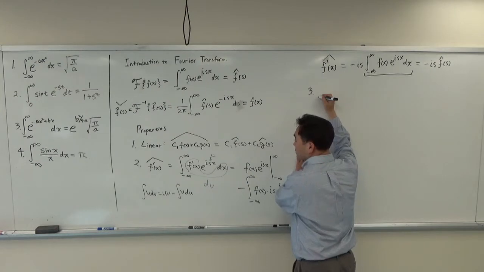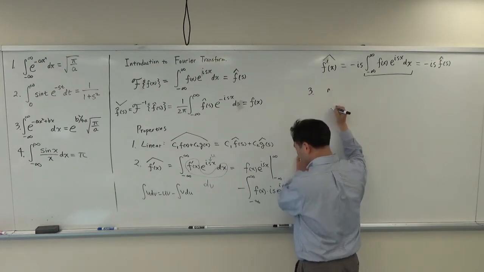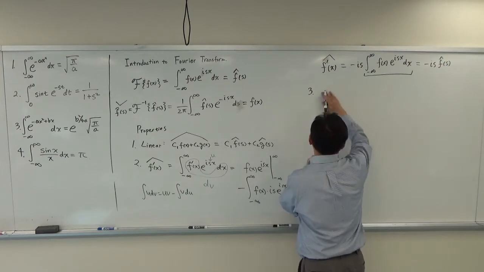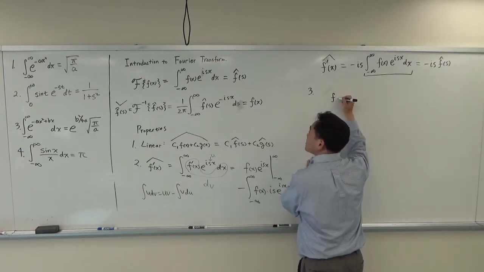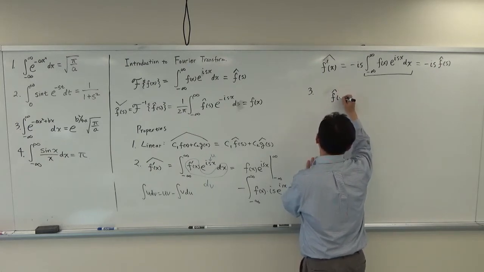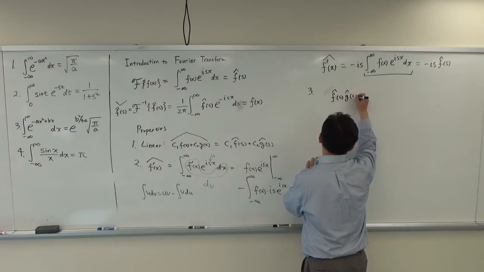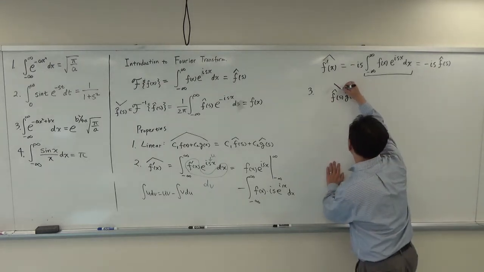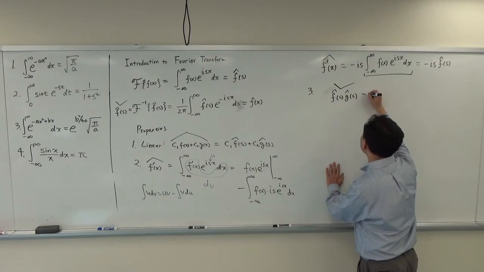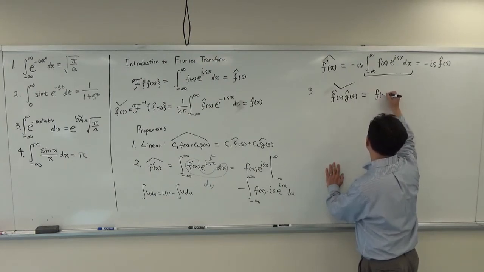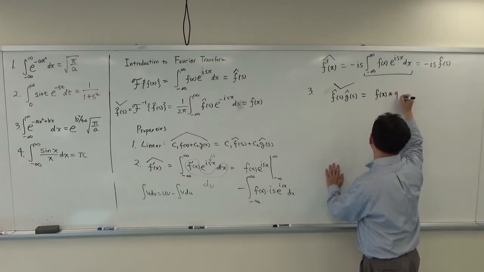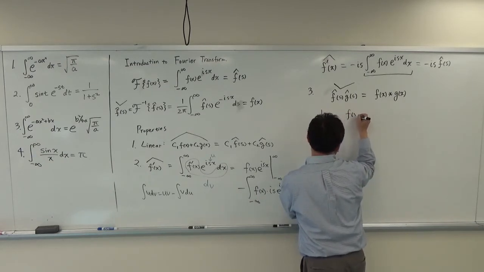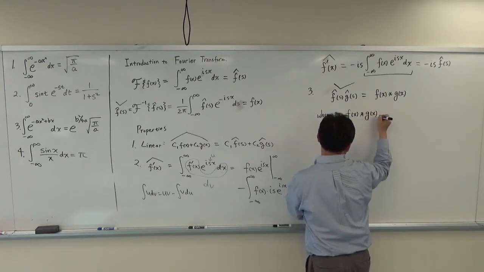Okay. Number 3, if you have a product of two transforms, and if you do the inverse, then you end up with f of x convolution g of x, where the convolution operator of two functions is the following.